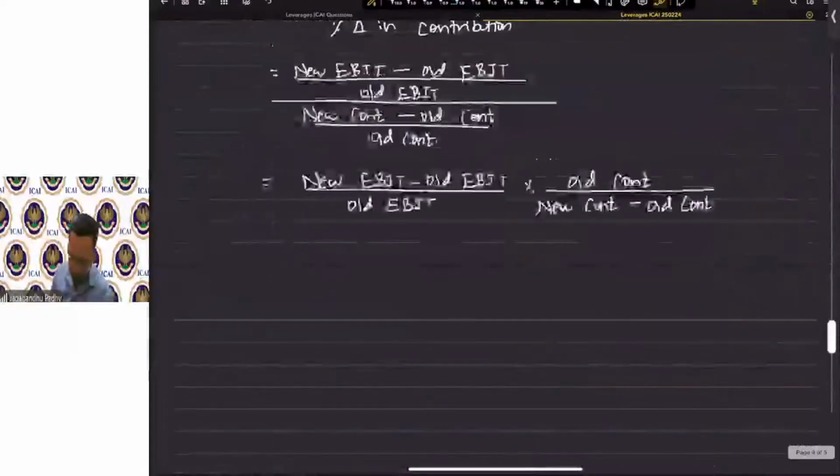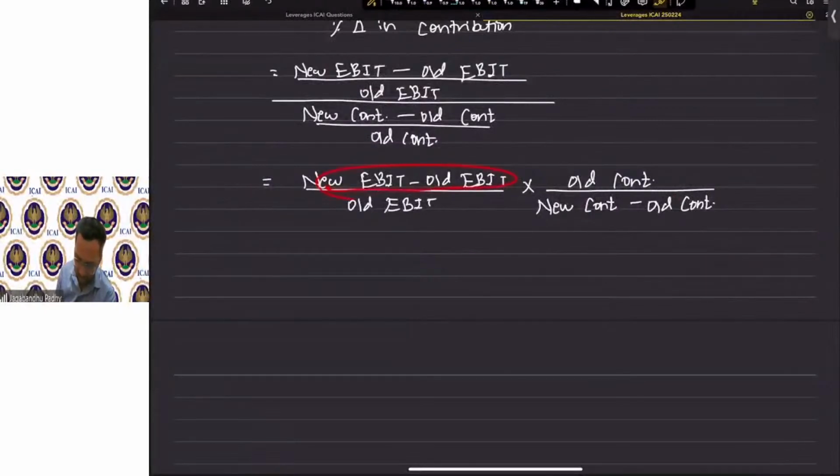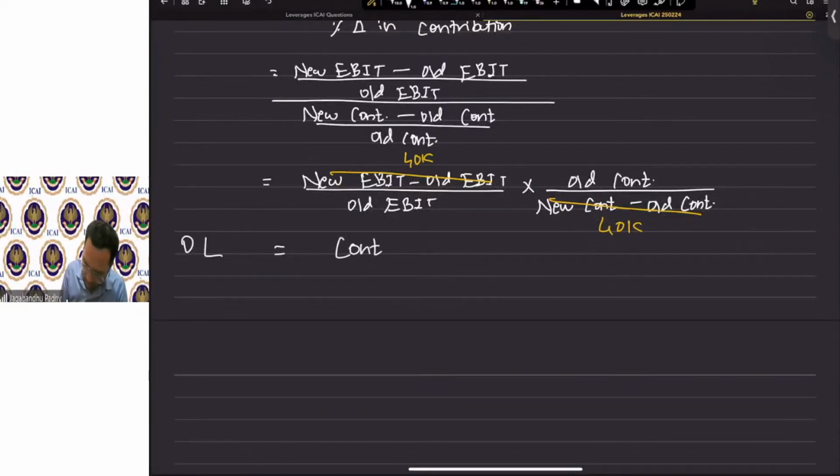So amount-wise difference is just one and the same. We can cancel these because in both the cases it was 40,000 constant. What we have as a formula for operating leverage is your original contribution upon original EBIT.